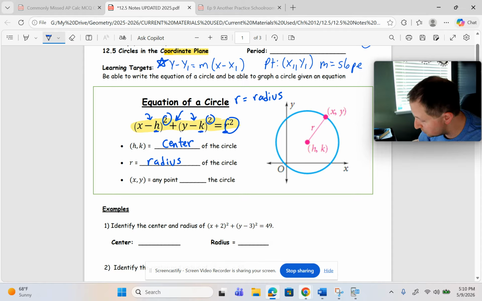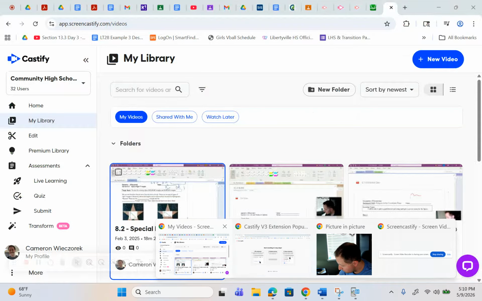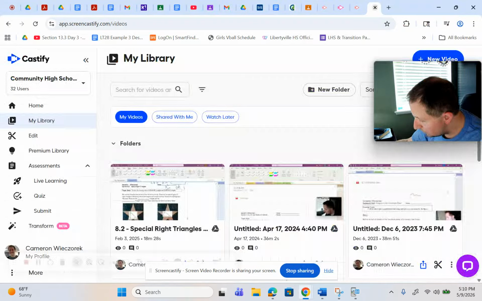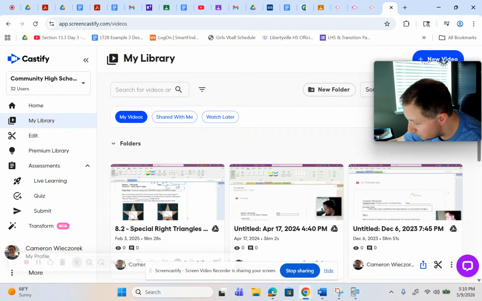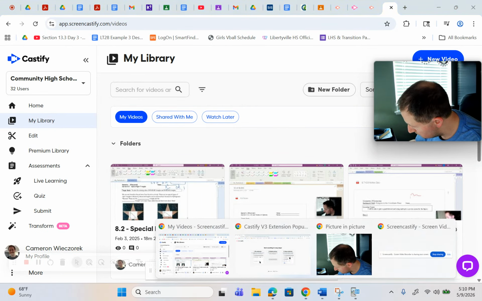I have a little Desmos I put together. I'm going to show you. Let's see if I can find it. It was here. Where'd it go? Desmos.